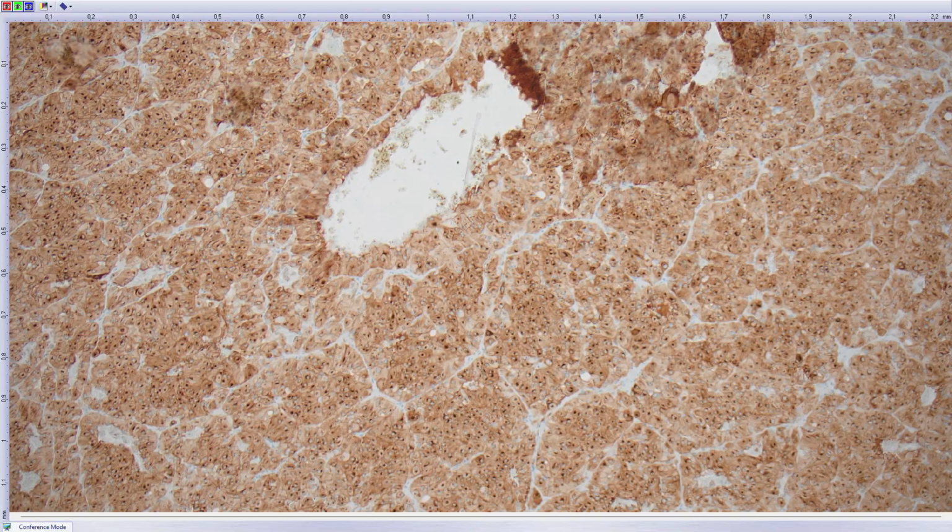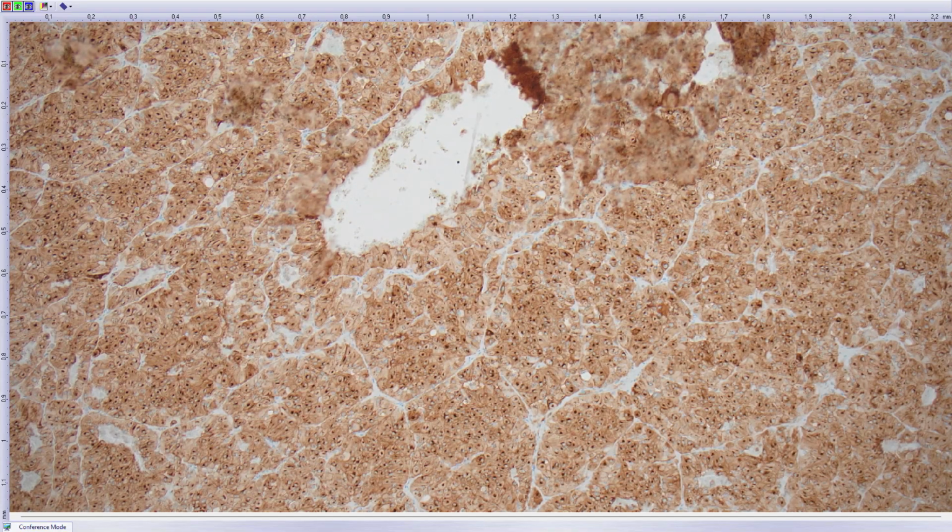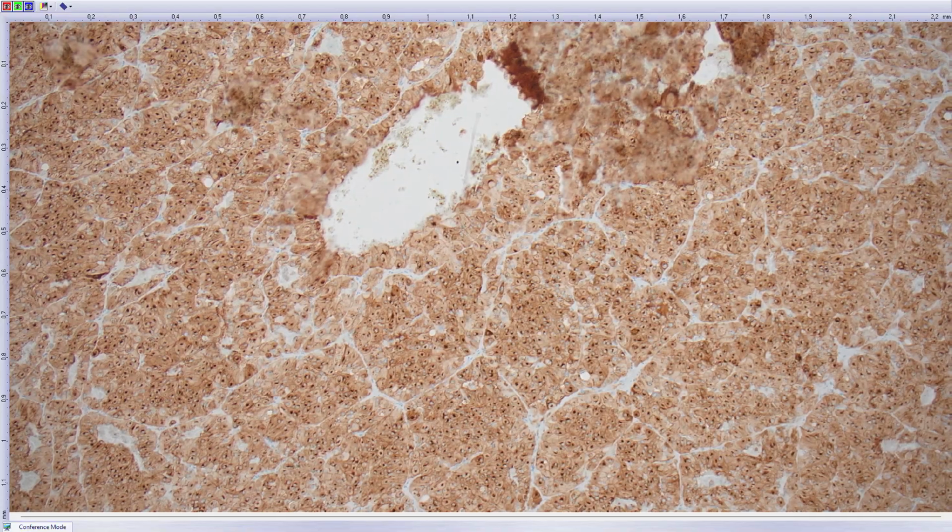A few days ago, our study was published in Virchows Archiv about the spectrum of reactivity of GPNMB in TFEB altered renal cell carcinoma. We know that in TFEB translocated renal cell carcinoma, the positivity of GPNMB is typically diffuse and strong. But if you have a TFEB amplified renal cell carcinoma, the positivity of GPNMB is not so diffusely strongly positive.